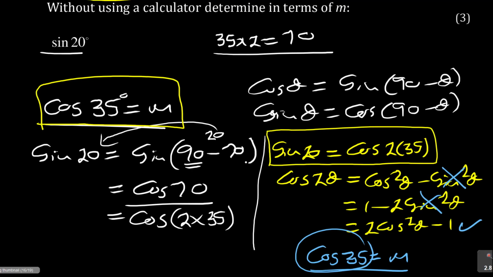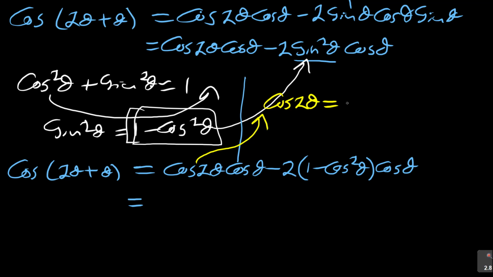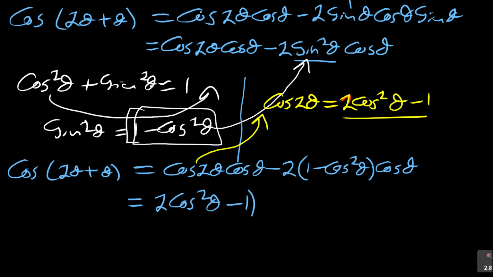I can put it even here: it's 2 cos squared theta minus 1. I can use this one there, so that this will become 2 cos squared theta minus 1.